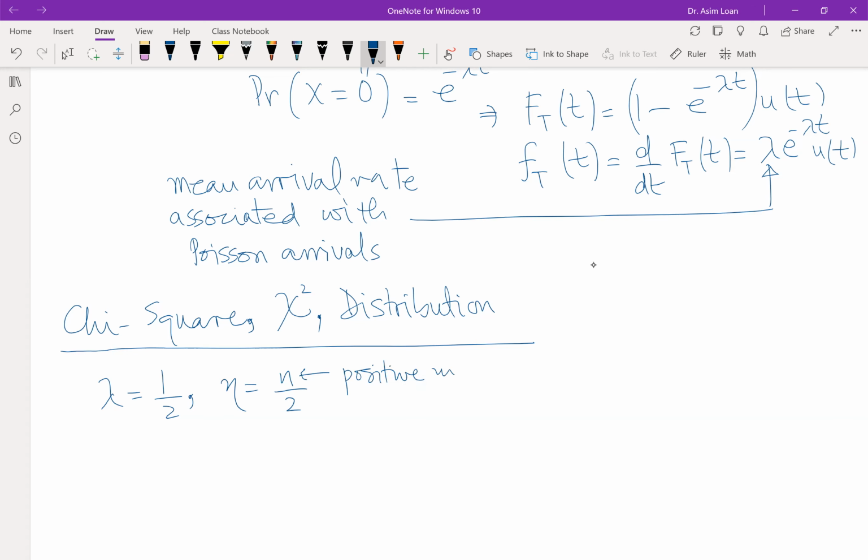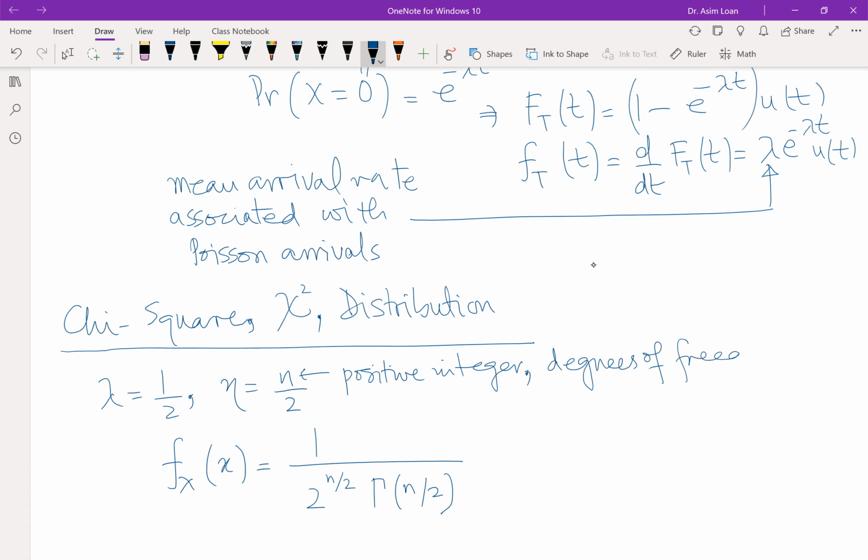In the density, you don't need to remember it, it is a bit difficult. So f_X(x) is 1 over 2^(n/2) gamma of n by 2. This n is a positive integer and is called the degrees of freedom. So you can fit a lot of functions using different values of n.